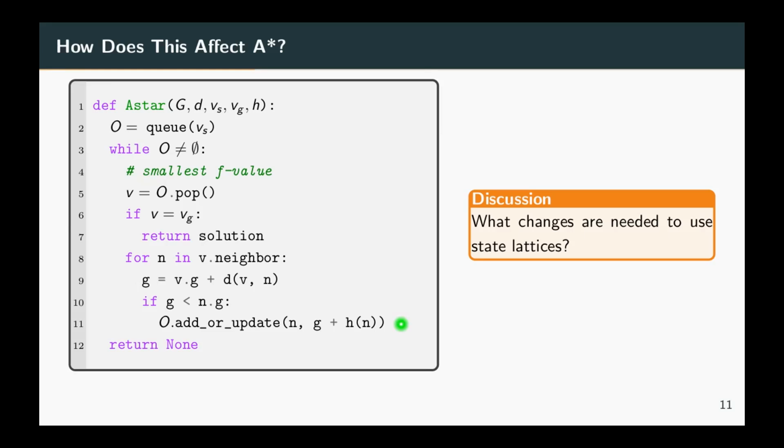Yes, how the neighbors are implemented. Exactly. Before, it was maybe just an 8 connected grid or 4 connected grid where we could hard code what the potential neighbors are. That is going to be tricky now. Anything else?